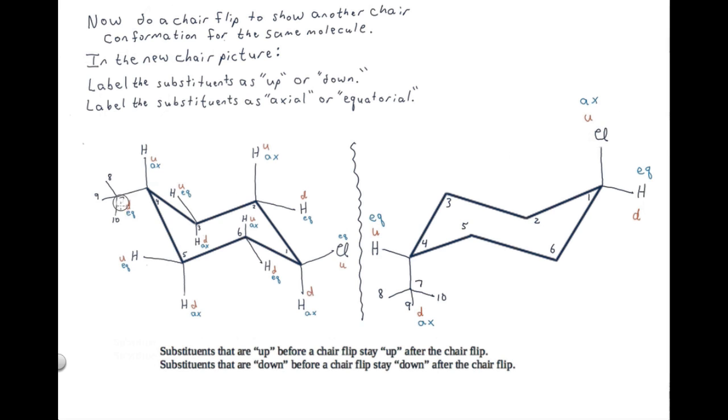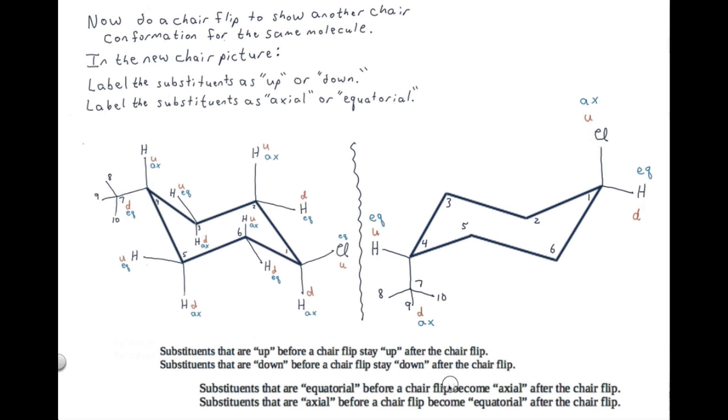Carbon 7 was equatorial before the chair flip, but carbon 7 changed to axial after the chair flip. That's one way in which the up-down terminology can sometimes be more useful than the axial-equatorial terminology. Up-down terminology can be more useful because the up-down orientations stay the same before and after a chair flip, whereas the axial and equatorial orientations change before and after a chair flip.